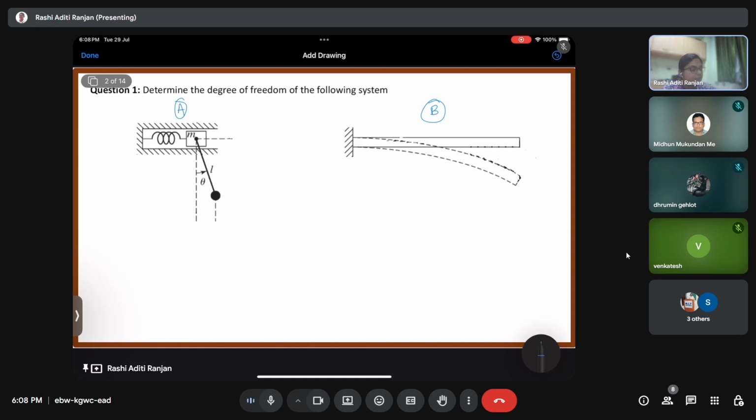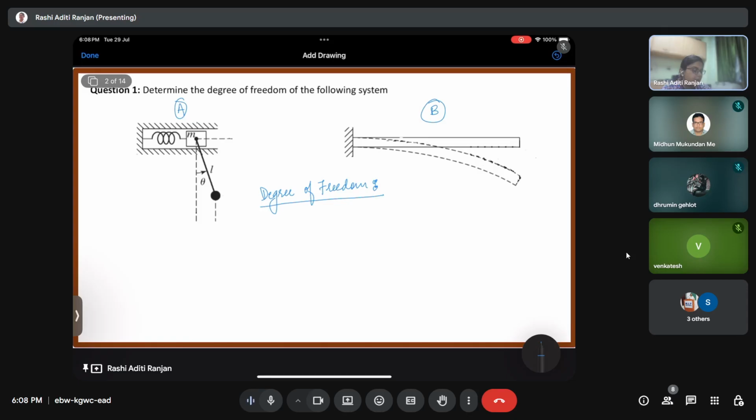So essentially, the first question is, what is a degree of freedom? Everyone must have known that the degree of freedom is something taught to you in, I guess, the first or second year of your engineering, but we'll take a brief overview.